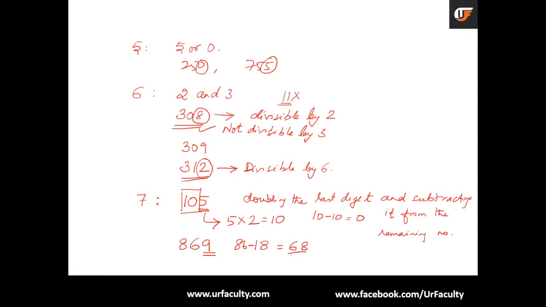So is 68 divisible by 7? We know that 63 is the closest number divisible by 7, and otherwise it's 70, which means 869 is not divisible by 7. So you can apply it across. You just need to double the last digit, the units digit, and subtract it from the remaining number. Whatever be the size of the number, you can make it as big as possible, and you can keep trying it. I'm sure you'll appreciate this concept.